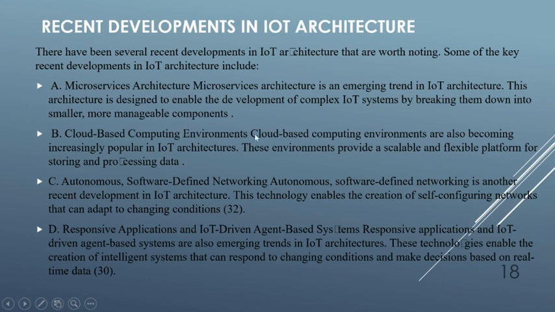Cloud-based computing environments provide a scalable and flexible platform for storing and processing data. Autonomous software-defined network is another recent development. This technology enables the creation of self-configuring networks that can adapt to changing conditions.